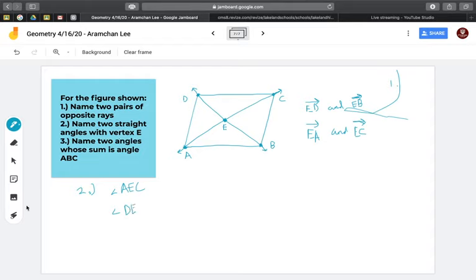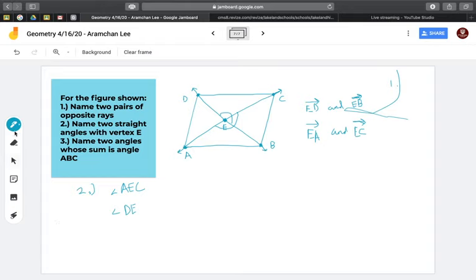So the vertex is E, which means that it's a shared endpoint. And just to draw in the angles, we could see an angle here totaling 180 degrees and an angle here totaling 180 degrees.